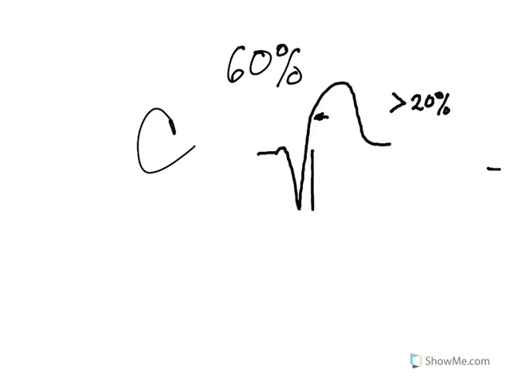So let's say the QRS here is, I don't know, let's say the QRS is 5 millimeters, right? Okay? Well, 1% of 5 millimeters is half a millimeter. So that means 20% of 5 millimeters would be how much? 20% of 5 millimeters would be a full millimeter.